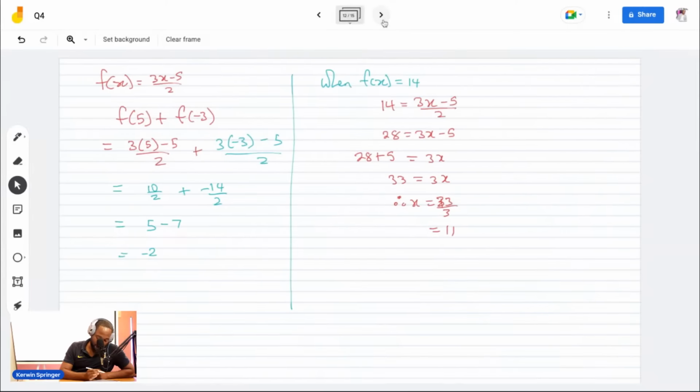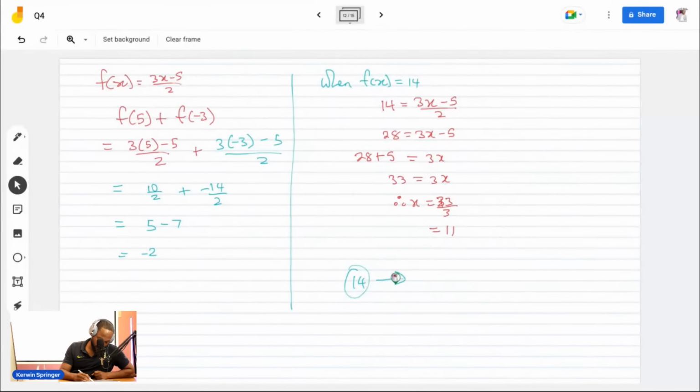Yesterday I showed y'all how to find the inverse function, and I did inverse earlier in today's class as well. Most likely they intended to find f inverse of 11. Why? Because we just found that we put 14 into the function and we got 11.